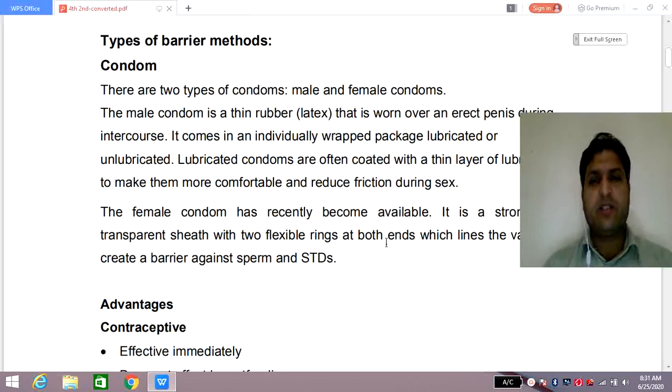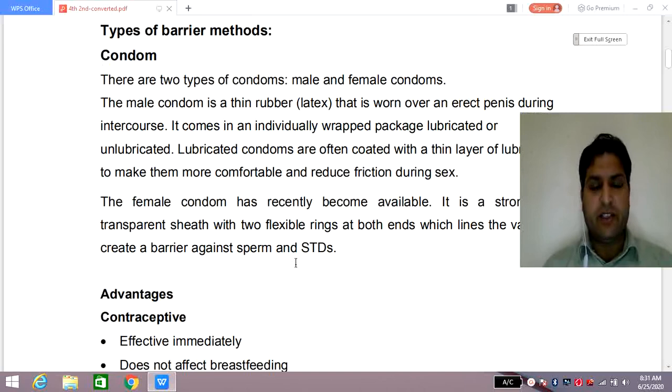The basic objective of such a condom is also to prevent sexually transmitted disease. So the main objective of this condom, whether male or female, is to prevent the chances of pregnancy and also the chances of sexually transmitted disease.